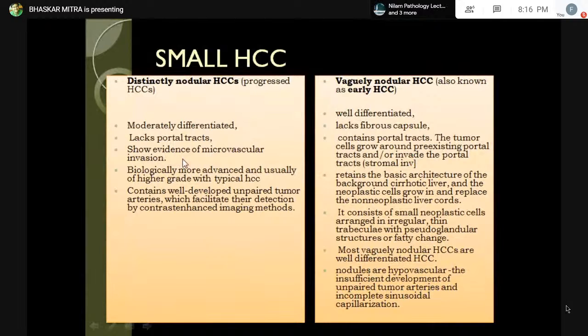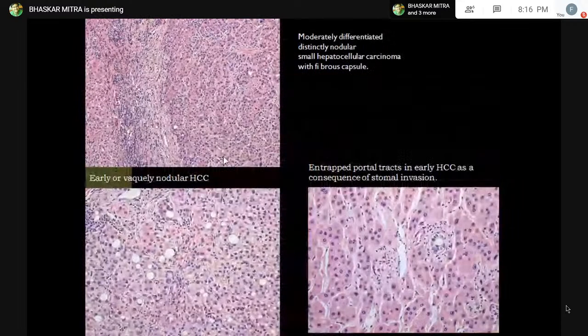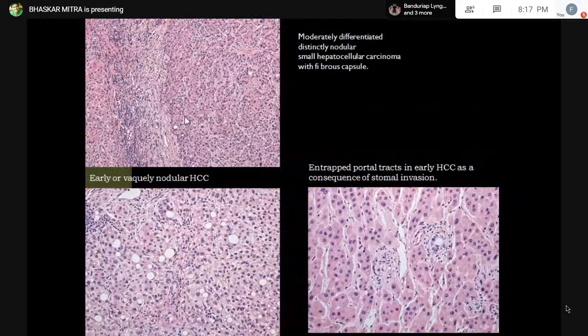These are moderately differentiated nodules of hepatocytes which lack portal tracts and show evidence of microvascular invasion. Like this, these are moderately differentiated nodules of hepatocytes. They show distinct nodularity surrounded by bands of fibrous tissue, and there is an inflammatory infiltrate.